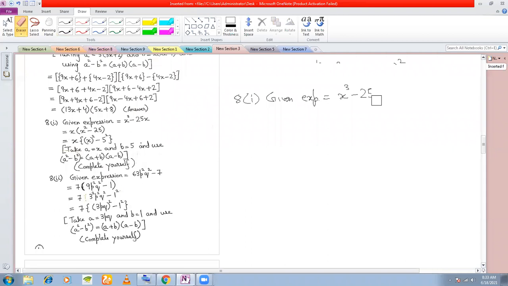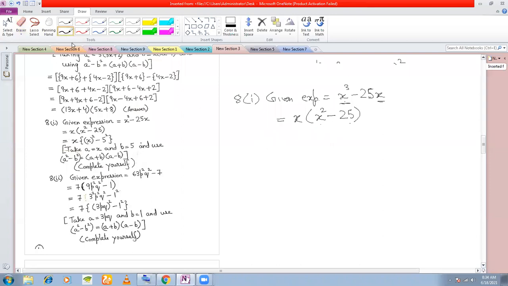So therefore, what you can do here is an additional step: you can take the HCF of these two out first. You see an x cube here and you see an x here. So you can take one x out. What are you left with? x square minus, and from 25x you're taking out x, you're left with 25. Now x square is a perfect square and this is also a perfect square, because 25 is 5 square.